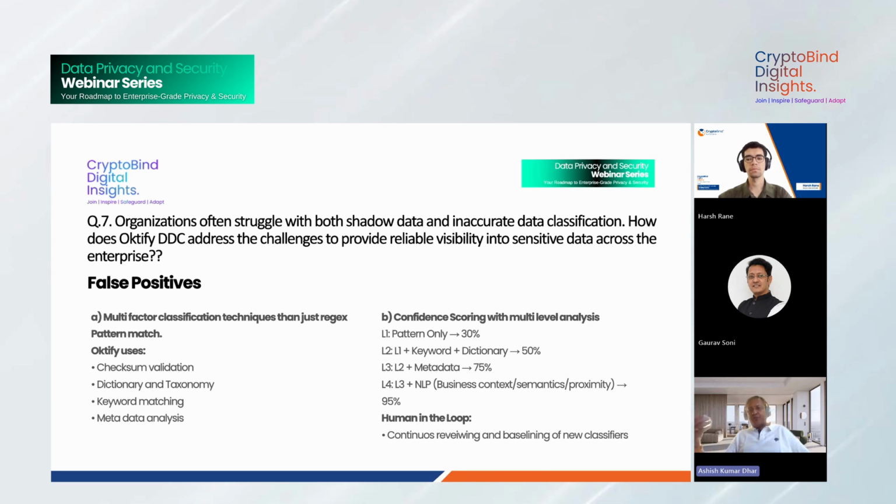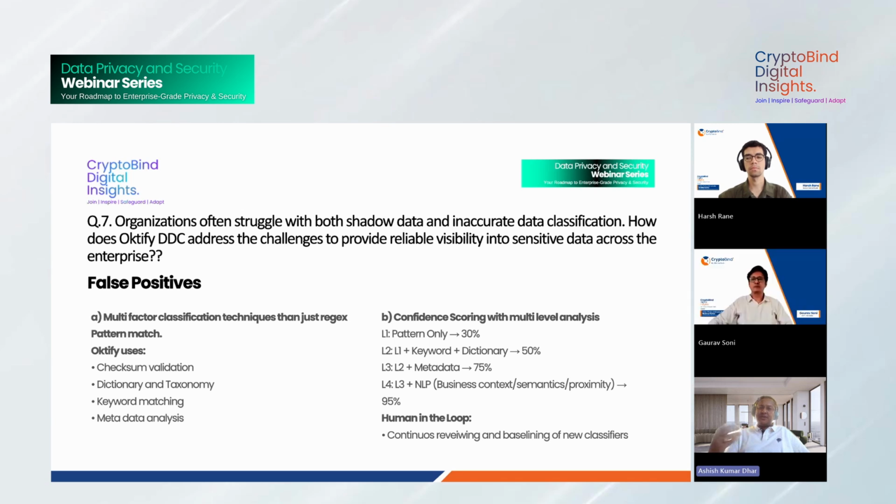That takes our confidence a little higher. But our highest level of confidence comes when we combine all of these classical ways of data classification with the NLP-based ML techniques, where we understand the business context.